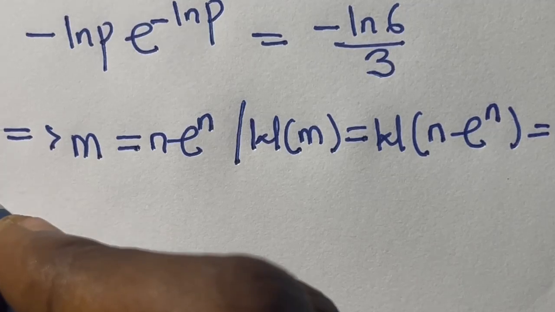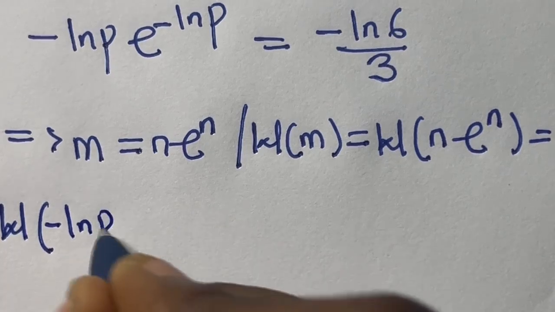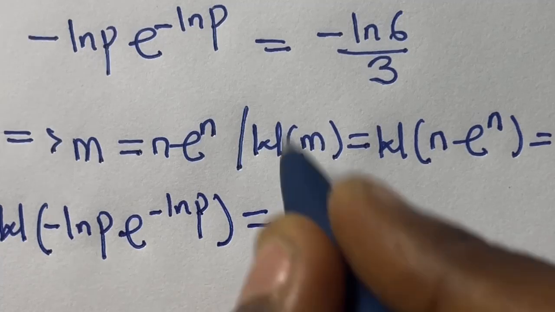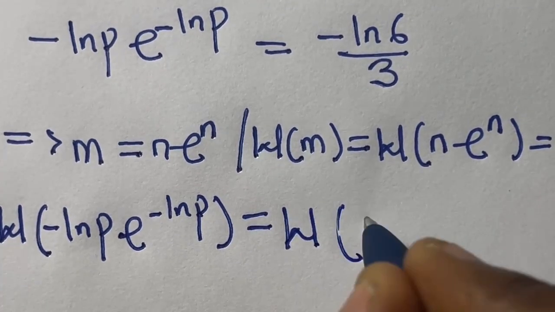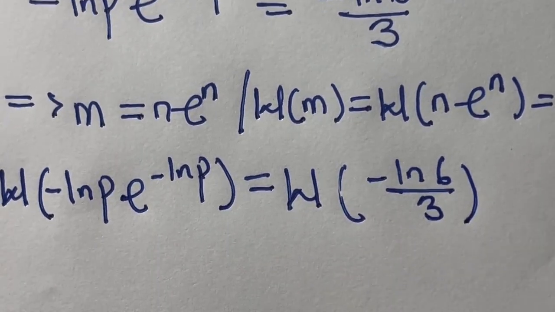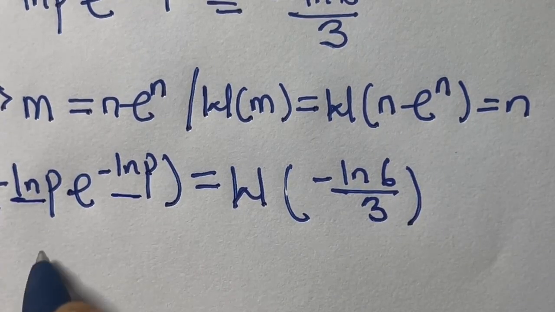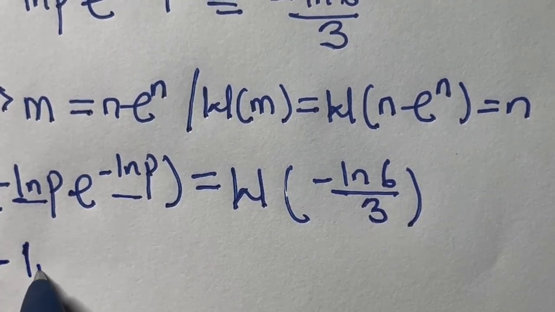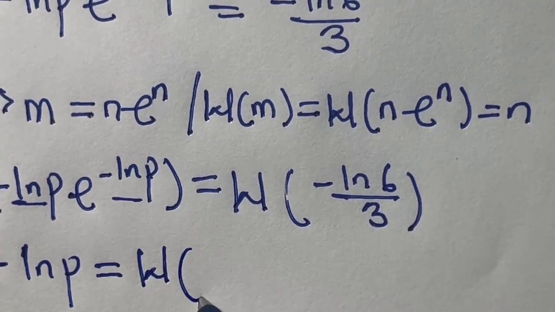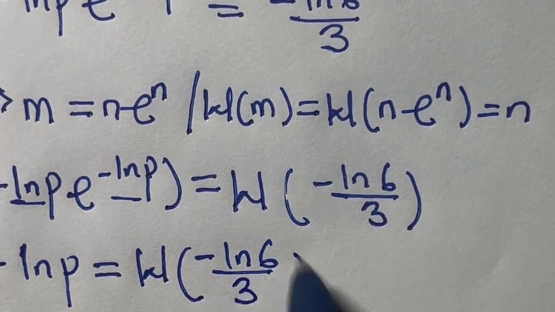If you have the Lambert function of minus ln p exponential minus ln p, this will be equal to the Lambert function of minus ln 6 divided by 3. So applying this here, we will have minus ln p equals the Lambert function of minus ln 6 divided by 3.